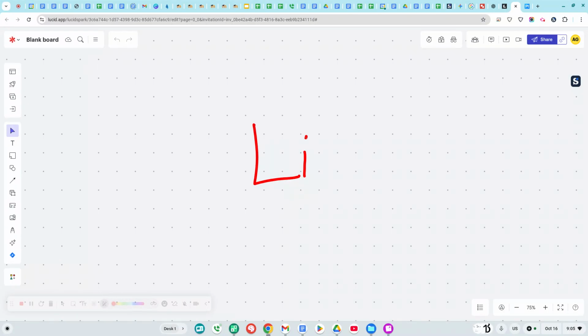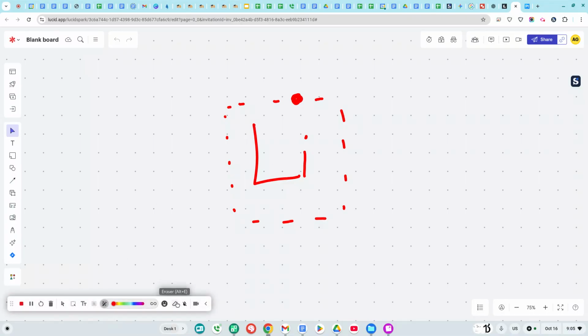Then you imagine there's an imaginary box around here. There isn't really, but we just pretend, and you just put the first dot to represent 1 electron around it.